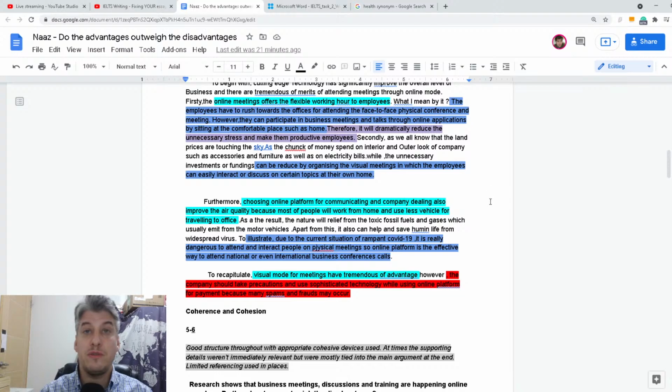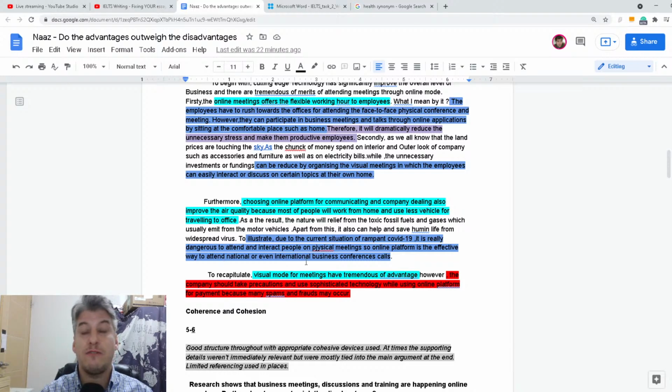If we move to the second paragraph in the body, the first point he makes, he talks about "choosing online platform for communicating and company dealing also improve the air quality because most of people will work from home and use less vehicles for traveling to office." So again, we'll look at the wording in the vocabulary and grammar part of this analysis, but this is a benefit. He's saying that it's good for the environment.